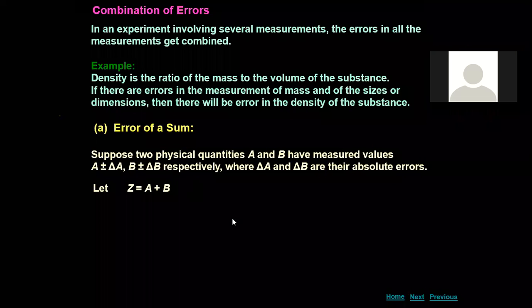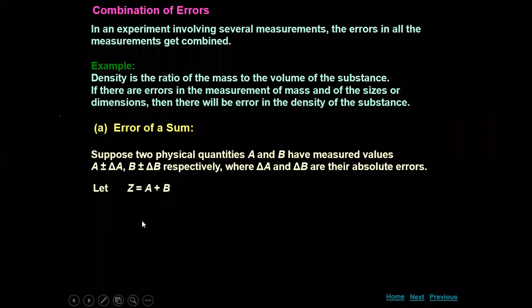So Z plus or minus delta Z has to be taken. Z plus or minus delta Z is the combined value of these two measurements. These two measurements are what? A plus or minus delta A, B plus or minus delta B. So when we are adding them, we will have this. The A measurement value is this, the B measurement value is this, and the Z measurement total value is this.